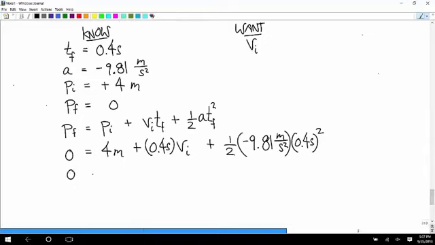And so 0 is equal to 3.2152 meters. That's combining the first and third terms.